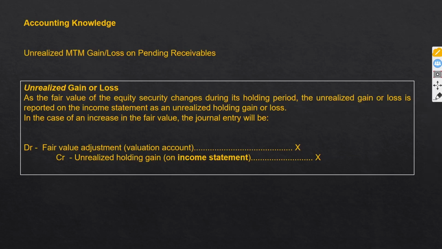Then we'll discuss quickly the unrealized M2M gain. We have discussed what M2M is, but now we'll discuss the accounting entries.